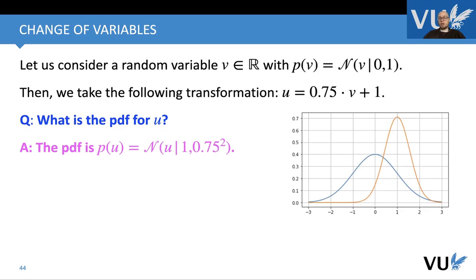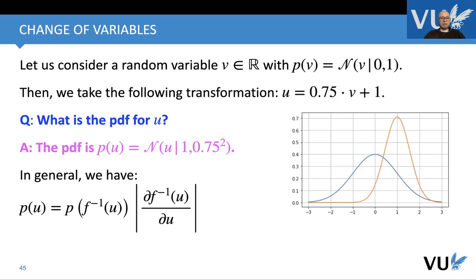You can say, all right, I see a pattern. We add 1, so we have mean 1. We scale this distribution, so we have the variance here. This is a good way of thinking, like reverse engineering. But of course, we should know the principled way of calculating that.